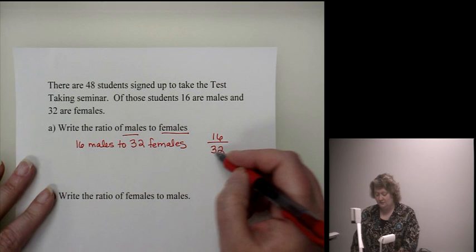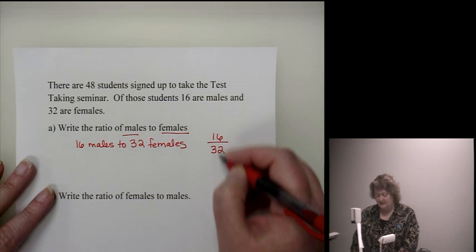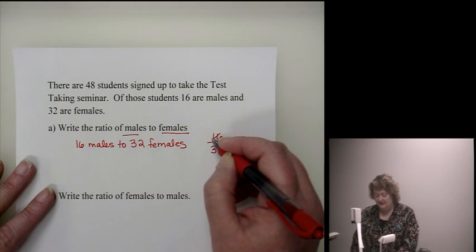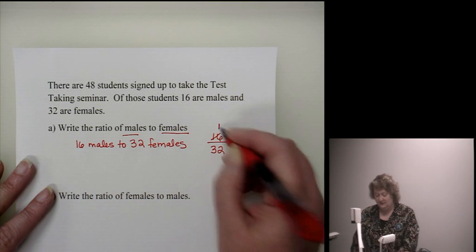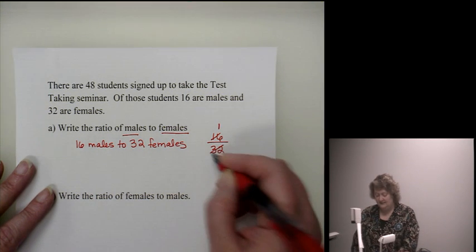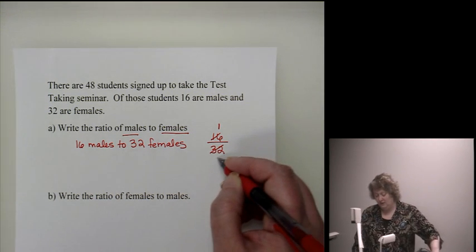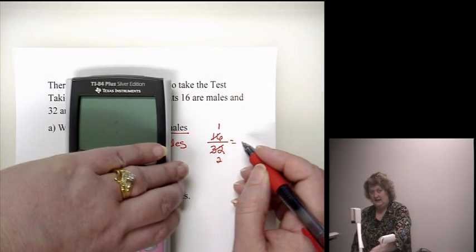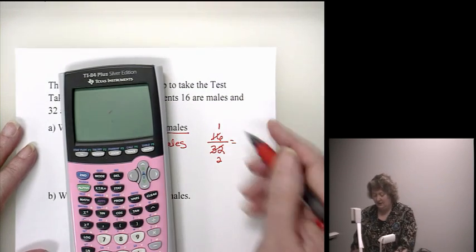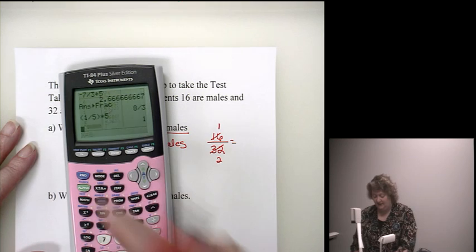Then we want to look to reduce that. What goes into both 16 and 32 is 16. 16 goes into itself one time. 16 goes into 32 two times. And if you're allowed to use your calculator, you can always use your calculator.